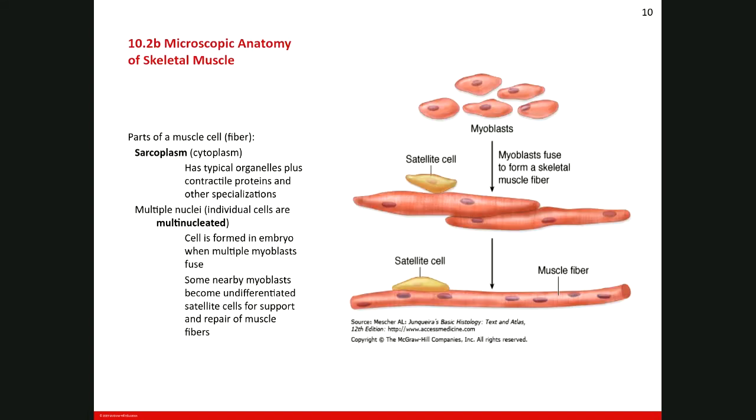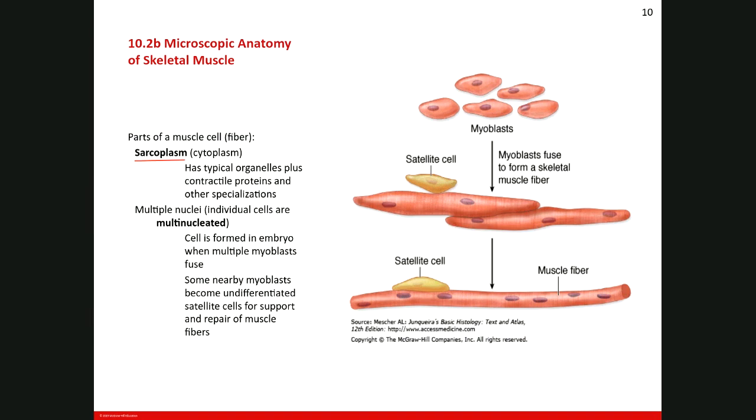Now I want to talk about the microscopic anatomy of our skeletal muscle. First, you need to know that we have some specific terms when we talk about the muscles. Inside the muscle cell or muscle fiber, we have cytoplasm, but the cytoplasm in our muscle has another name. We call it sarcoplasm.